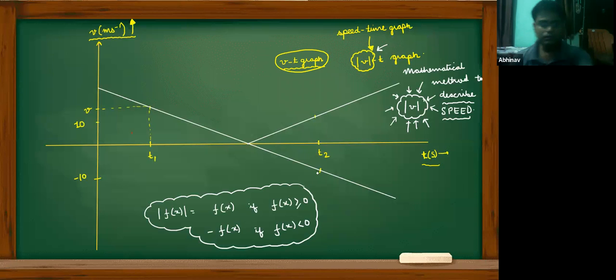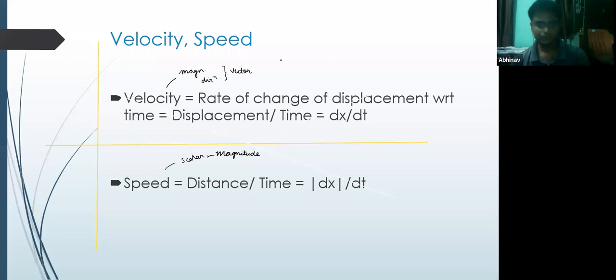Now the same properties will hold between speed and velocity, same as that of distance and displacement.